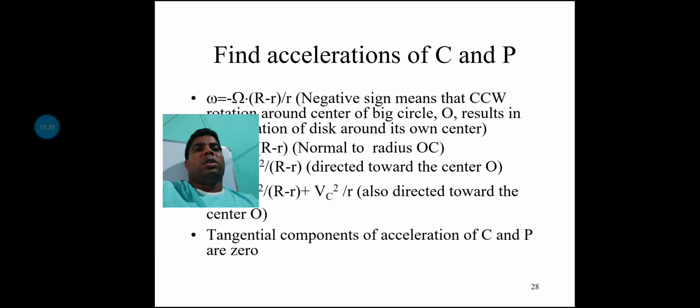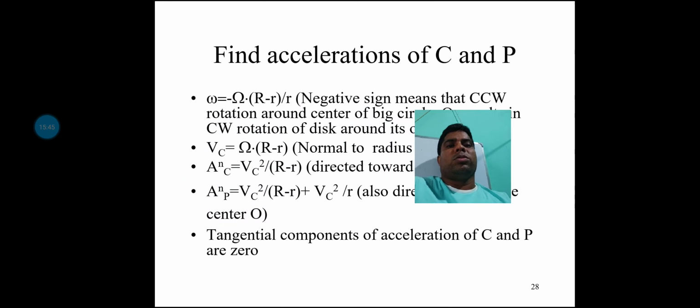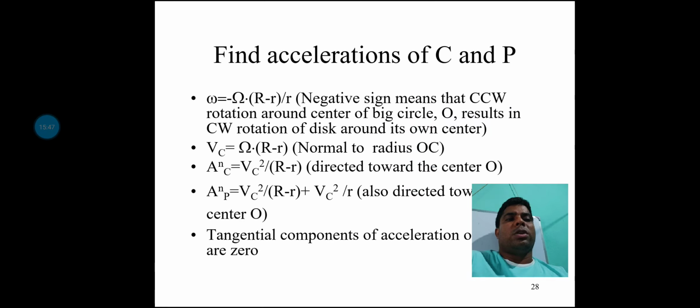Find the actual acceleration of C and P. All the points are already mentioned on the screen: point V, my velocity at point C, acceleration at point C, acceleration at point P, and every point should be denoted on the screen.